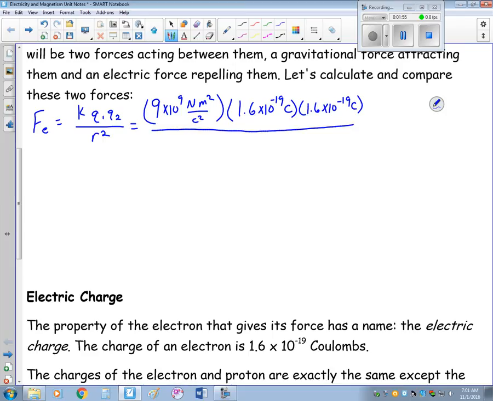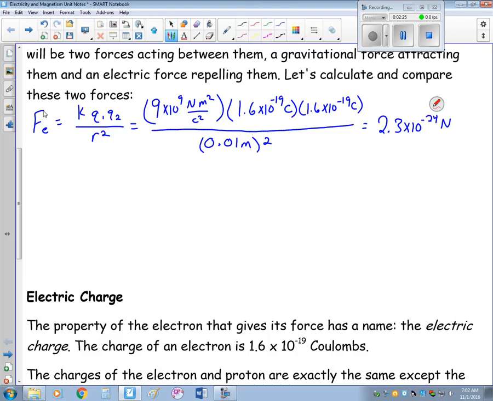And then 1 centimeter is 0.01. And then we got to square that. And when we multiply these numbers and divide it, we get 2.3 times 10 to the negative 24th newtons. So there's a force of 2.3 times 10 to the negative 24th newtons pushing these electrons apart.